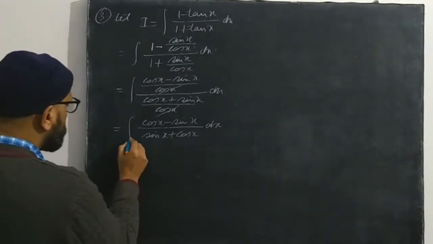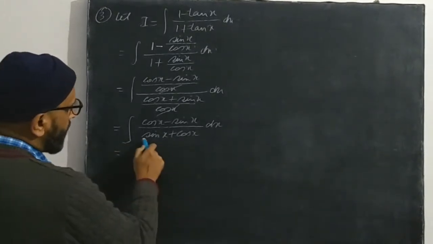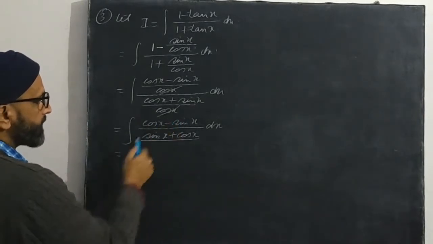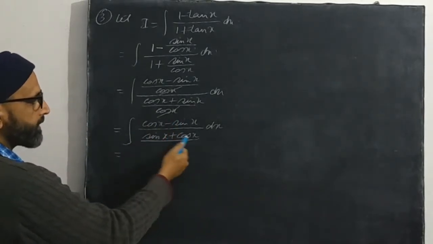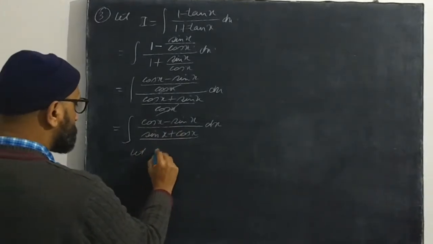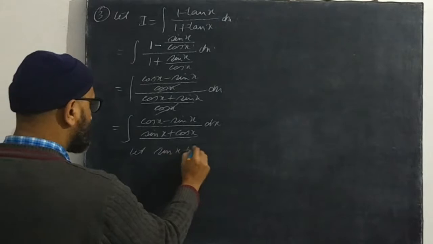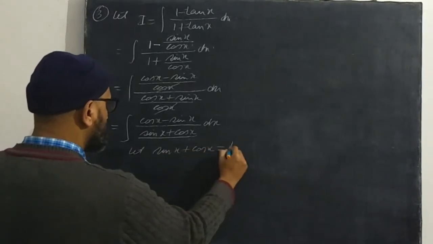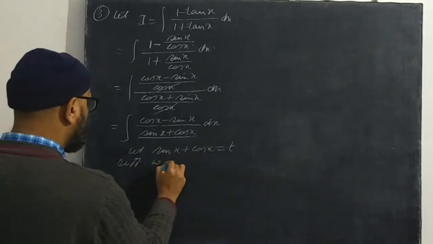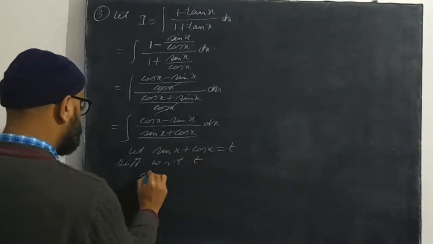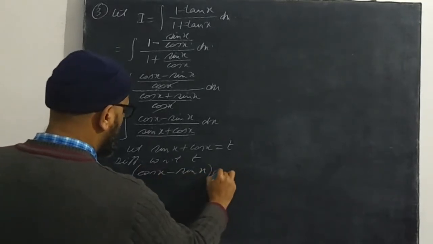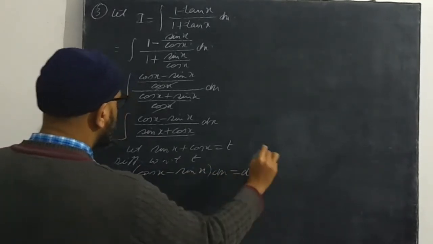So rearranging them in that way, it is quite clear that differential coefficient of sin x plus cos x will be cos x minus sin x, because differential of sin x is cos x and differential of cos x is minus sin x. So here we let sin x plus cos x as t, and now differentiating, we get cos x minus sin x dx is equal to dt.